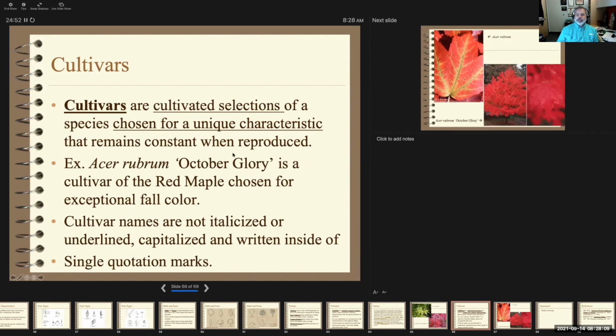And you might see this fanciful name at the end of it. Here's one, 'October Glory.' Acer rubrum 'October Glory,' written in single quotes just like this, is a cultivar of the red maple chosen for exceptional fall color. Cultivar names are not italicized or underlined, and are capitalized and written inside of single quotation marks.